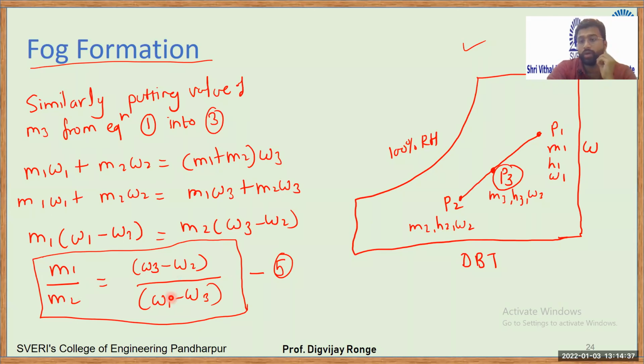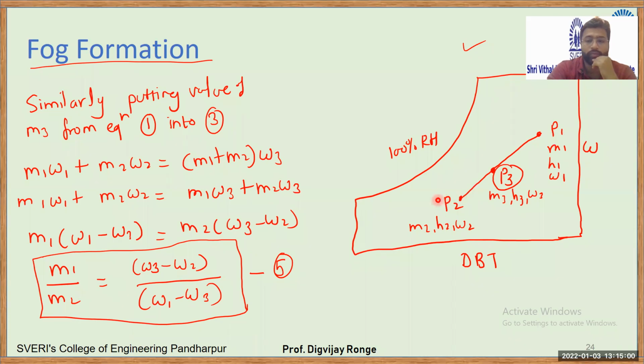This will give you a hint during the mixing of two streams, and there are numericals in which this is just a first step to calculate the resultant condition of the air. Then we have to do the further calculations. Okay, with the help of the psychrometric diagram, it is also explained here. So here we have P1, that is the state at point 1.